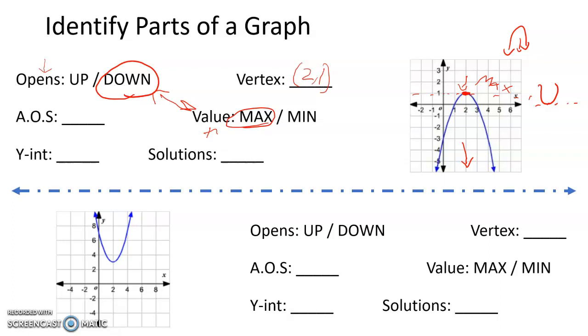If we find our axis of symmetry. Now, the axis of symmetry is an imaginary dotted line that goes straight through the middle of your parabola, just like that, okay? The axis of symmetry passes through your vertex, all right? So it's going to be one of these numbers here, and specifically, the axis of symmetry is always going to be the x value of your vertex.